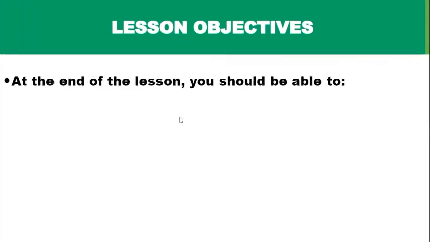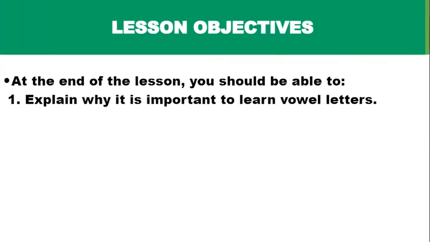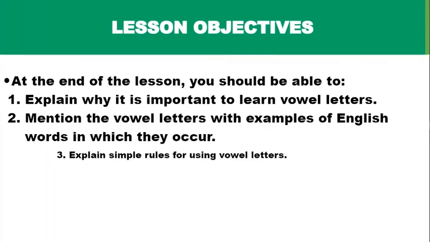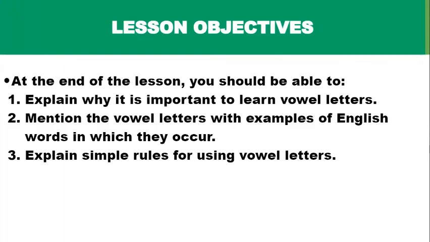At the end of the lesson, you should be able to do the following. 1, explain why it is important to learn vowel letters. 2, mention the vowel letters with examples of English words in which they occur. 3, explain simple rules for using vowel letters.